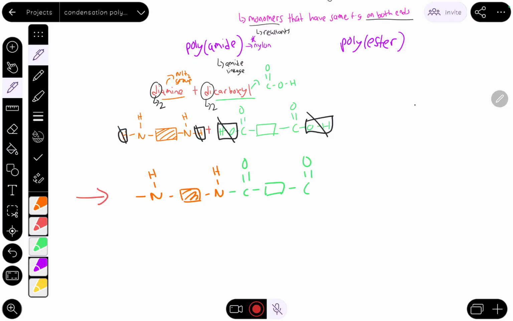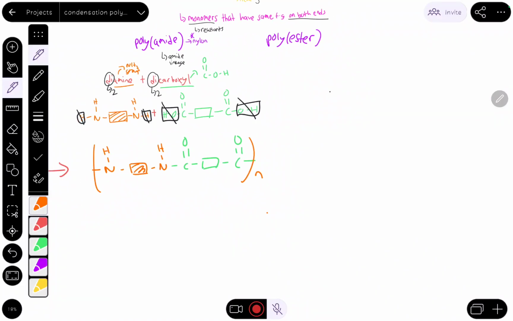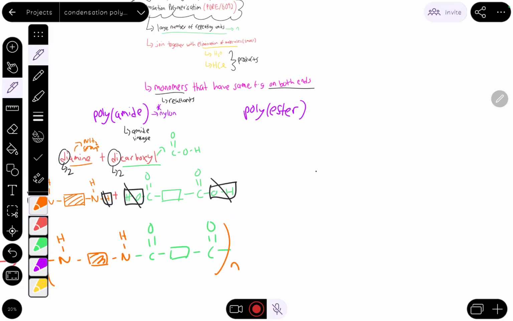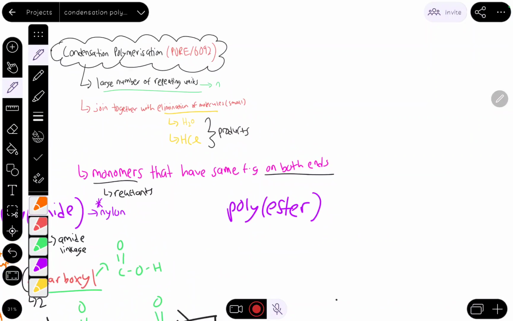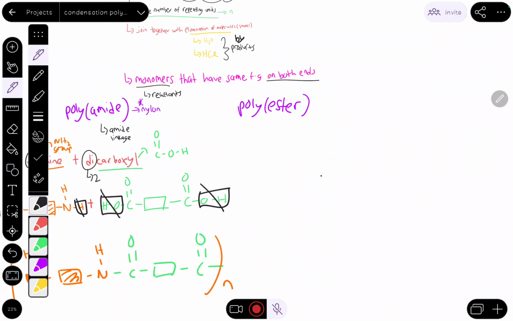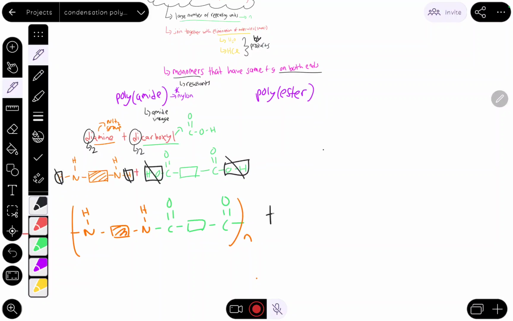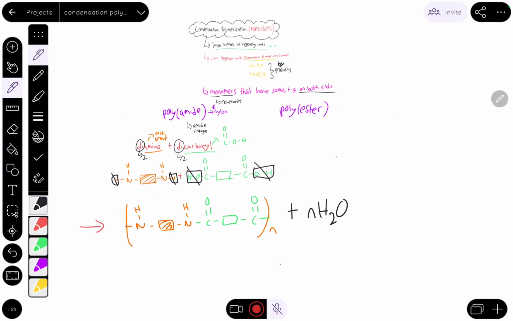Then I bracket this up and put an n here. And what's your byproduct? You always have a byproduct. You will have n molecules of water, so it's nH2O. This is your final answer.